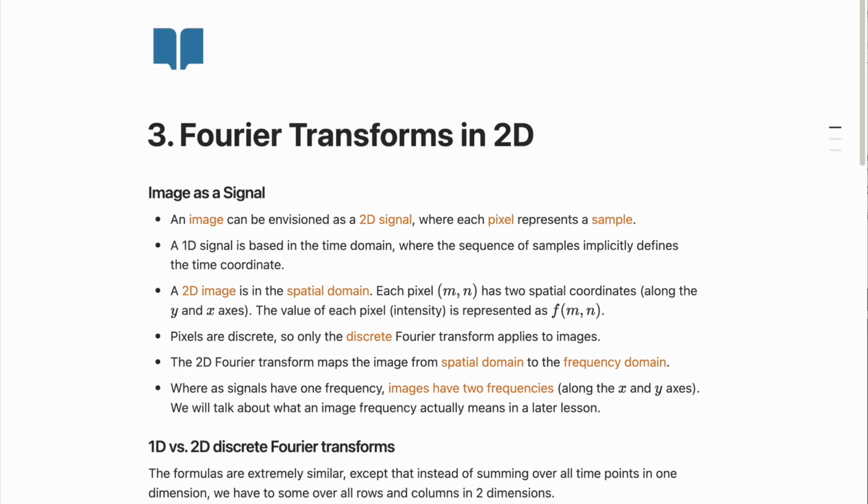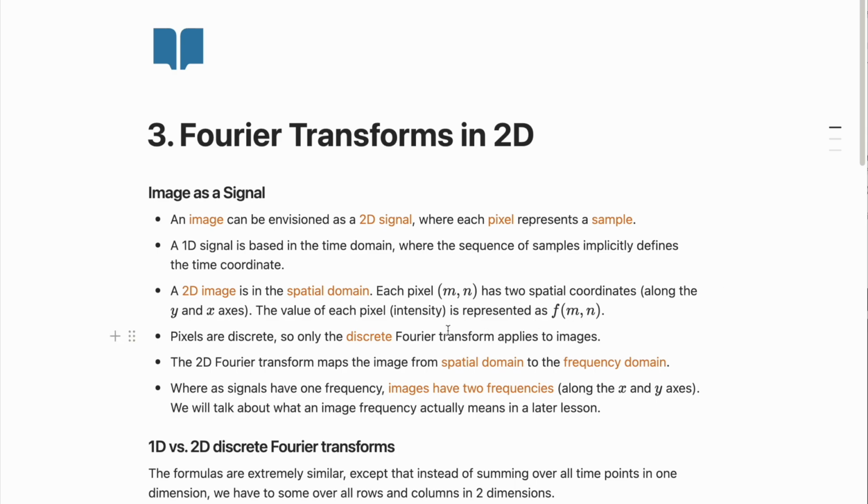The 2D image is in the spatial domain, and we have x and y, or m and n, as the spatial coordinates. Each pixel or each sample in the image has the value f(m,n), which represents the pixel intensity. Of course, pixels are discrete, so only the discrete Fourier transform applies to images.